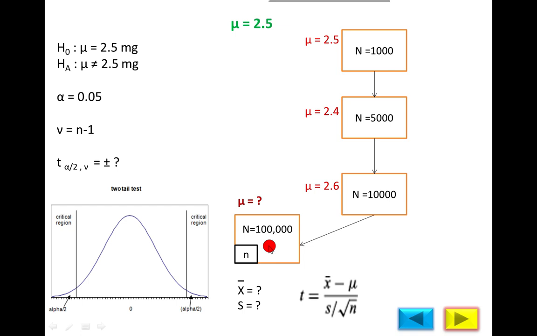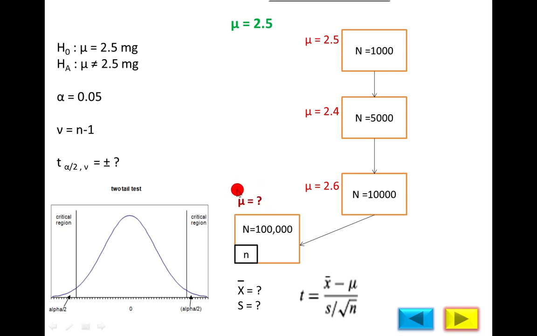So how will you calculate, how will you check whether the weight is the same as the standard weight or the standard criteria or not? So how will you calculate this population mean?